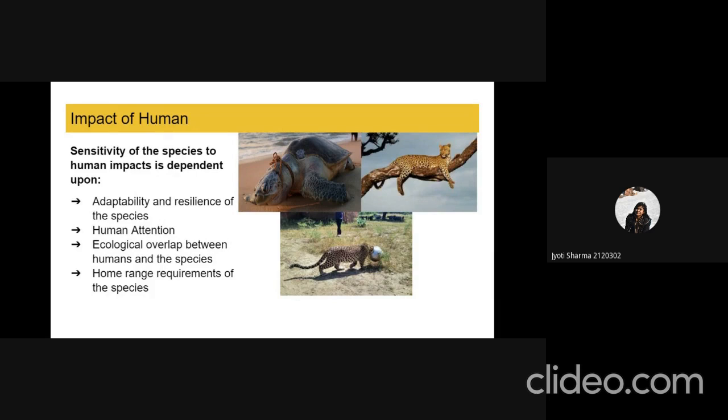A tiger needs a large home range, and right now we have a shortage of land, so we will encroach, cut down the forest and build infrastructure there. So species with a larger home range will go extinct first compared to those living in a very small area. Each species has a different effect of humans, based on the approach and requirements of humans.